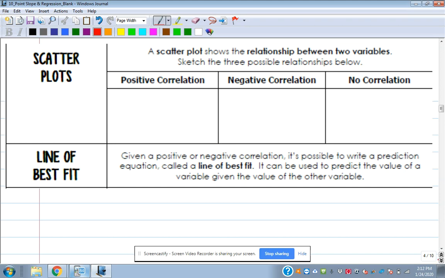So scatter plots are just plotting points on a coordinate plane. And you have a relationship between two variables, and what that creates is a correlation. So a correlation is the relationship between the two variables. Right now, we're in the linear part of math, talking about things that are linear.